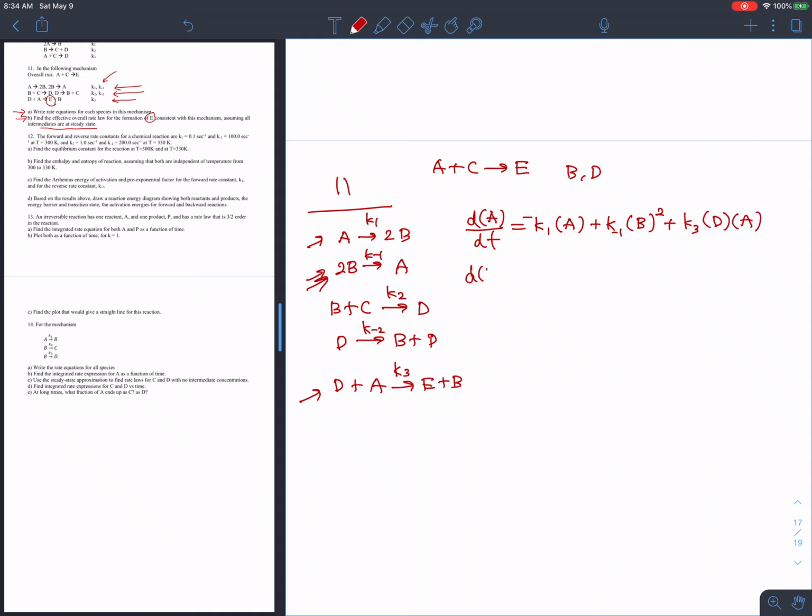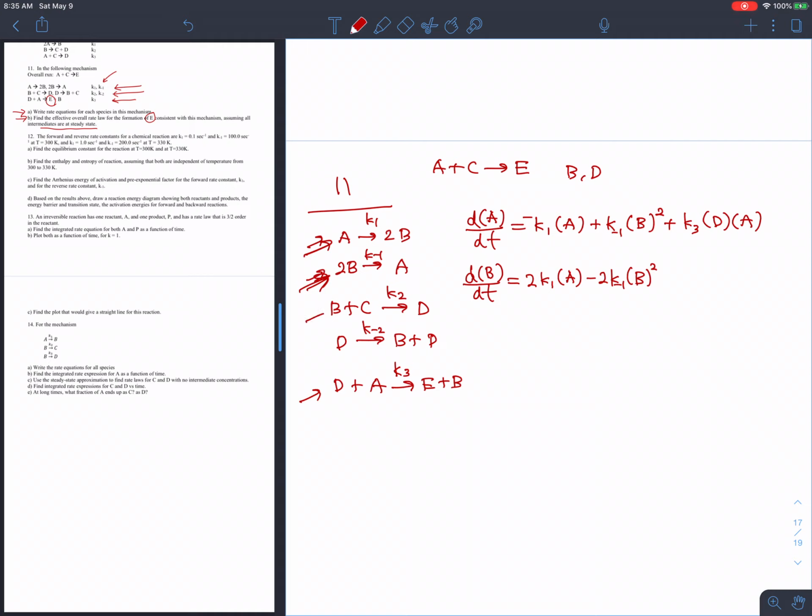Then for B, one of the intermediates, this is one of the things we're going to be setting to 0 in a minute, dB/dt is equal to 2 times k1 times A minus 2 times k minus 1 times B squared. That's for these 2 contributions.